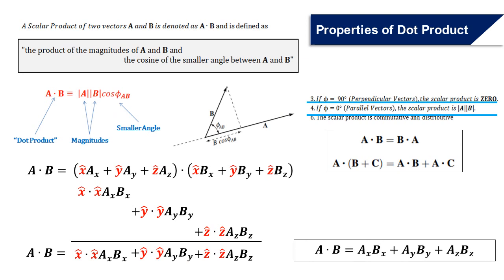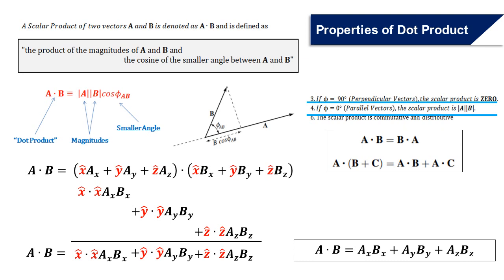Therefore, ang ating formula ng dot product given yung ating mga coefficients or yung magnitudes ng ating mga components is equal to the product of the coefficient ng kada component.